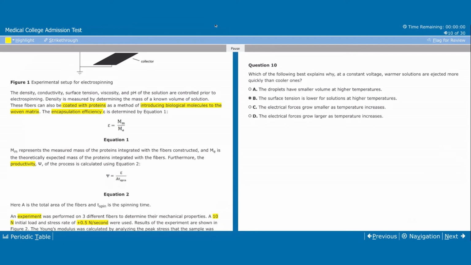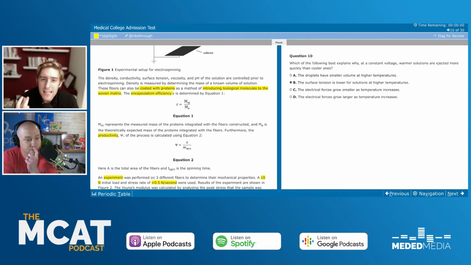Perfect reasoning, and you got the correct answer. See, the MCAT is doable if you just understand. It's just a whack-a-mole game. And that's such a great demonstration of the fact that this question is interrogating, I'm not going to say easy, but a kind of singular fact of liquids: as their temperature increases, generally surface tension tends to decline.